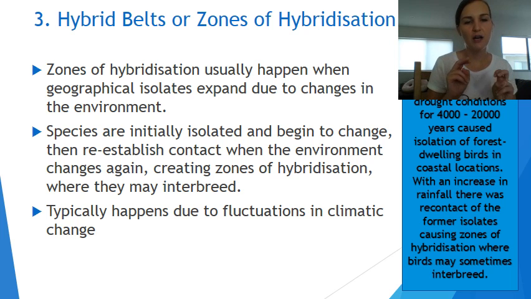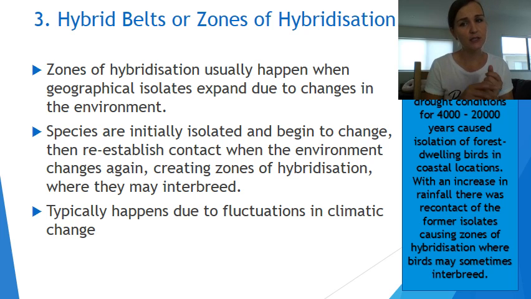Okay, so you might have had species that were slowly adapting to their environments, but then come back together, and then you'll have a hybrid species in the middle. Okay, and this happens typically due to fluctuations in climatic change.